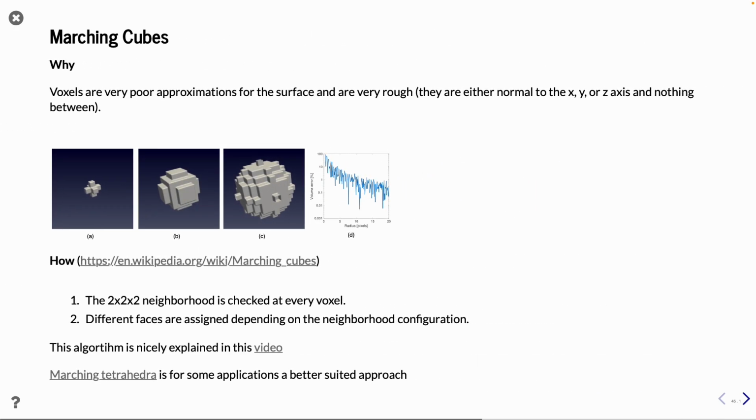Another thing is that the reason why we want to have these triangle meshes is that, as you saw before, it's very hard to describe a perfect shape with voxels. With the help of meshes, we can actually go to sub-pixel precision and define the surface much more precisely.